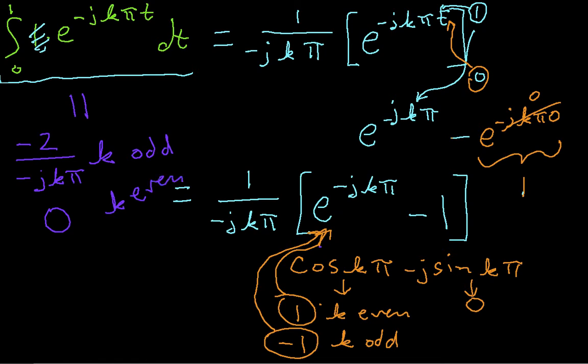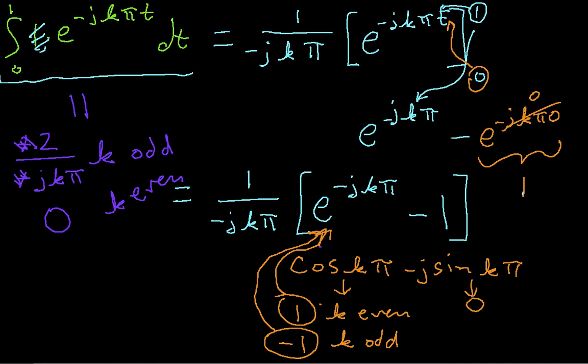Okay, and I can simplify this a little bit by just crossing out the negative signs here. Okay, so it turns out that we get the same result here as we had in the other term in the integral.